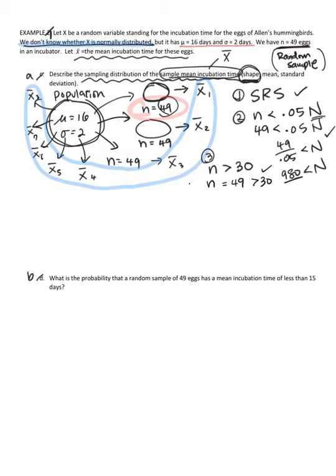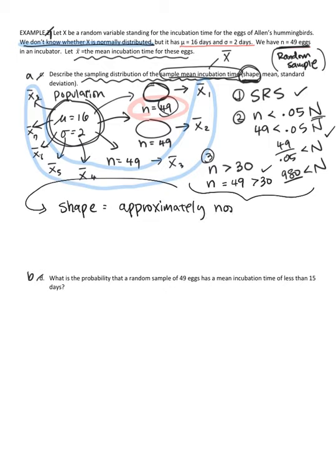So what this tells us is that the shape of the distribution is approximately normal, because these 3 things are satisfied.